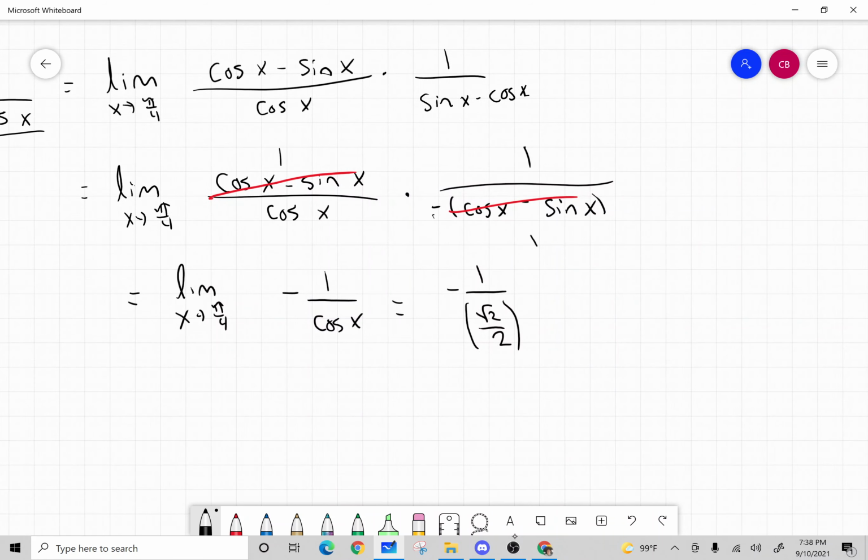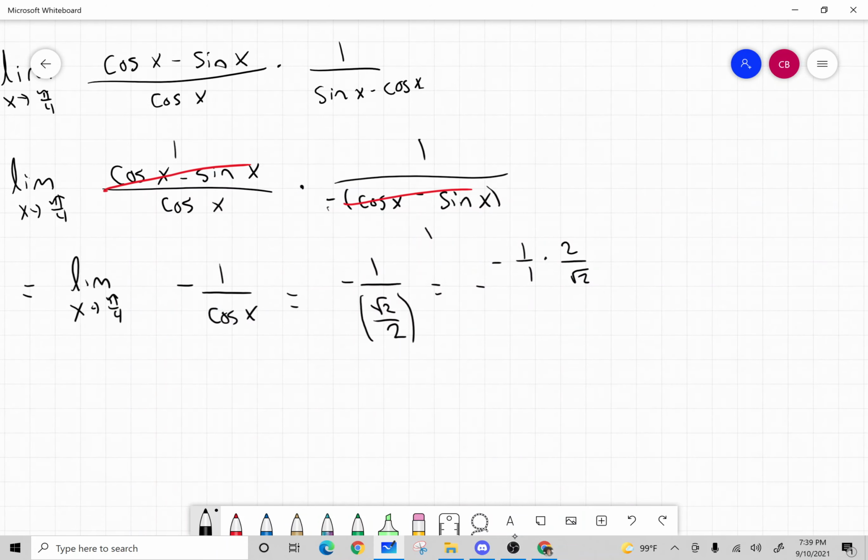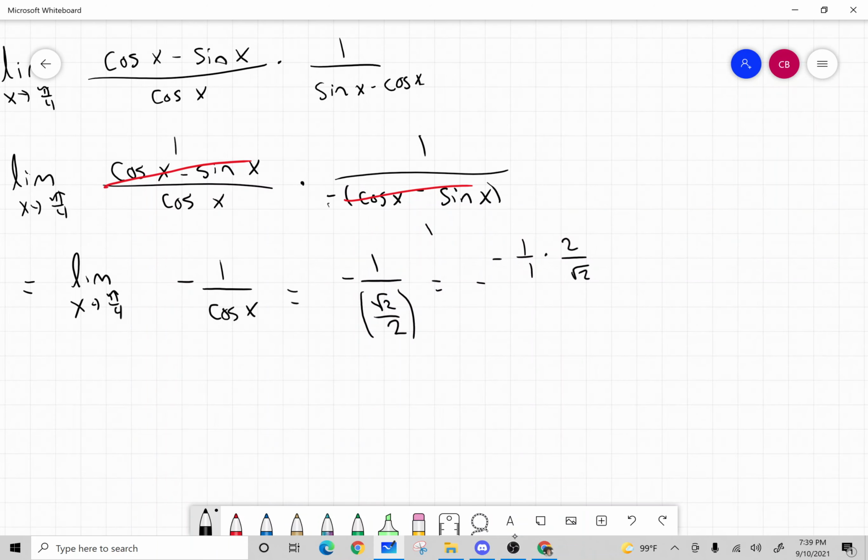Okay, and then how can we do this? This is going to equal negative, okay, so keep this, this is 1 over 1, change the sign, so negative, and then flip that, 2 over square root 2. I hope, yeah, okay.